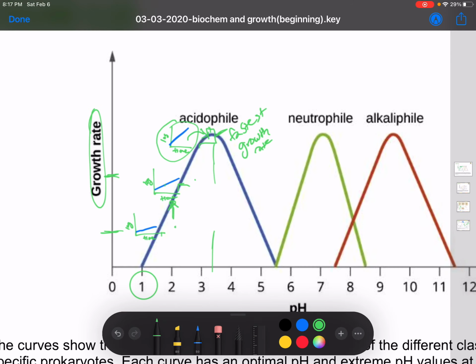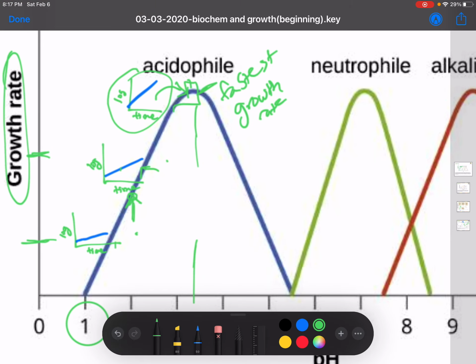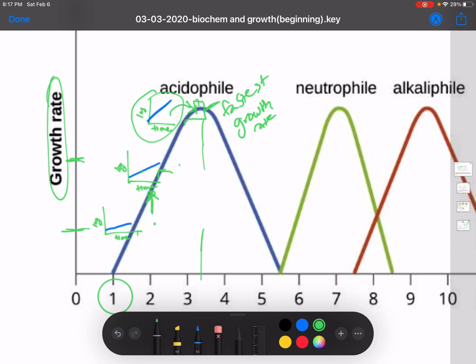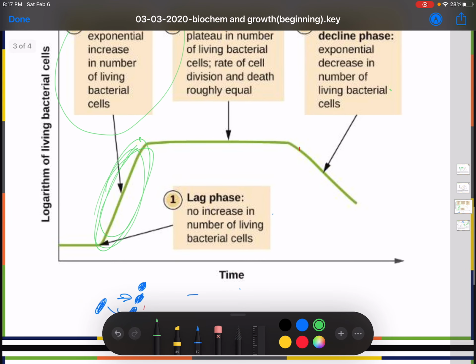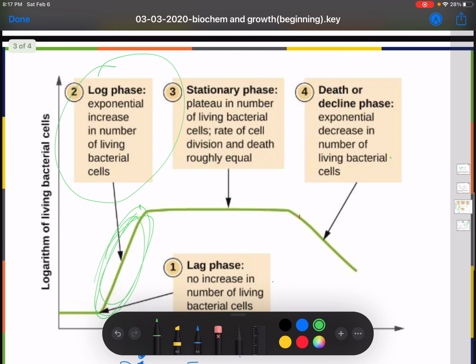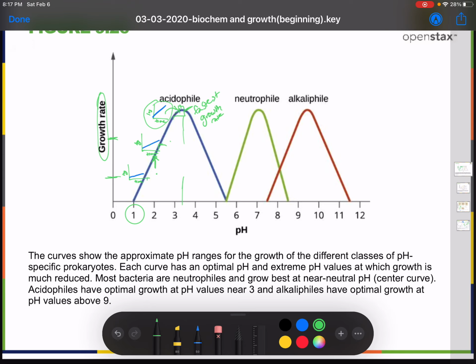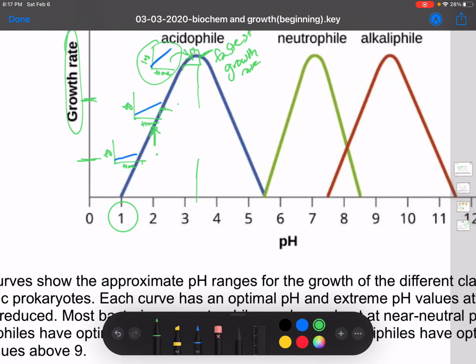Now, as you might be gathering at this point, these types of graphs take a lot of data, because you need to be growing bacteria through log phase. So in other words, you have to get past lag phase and go into log phase for one population of bacteria at one pH, and then you need to do that all over again for another population of bacteria at another pH.